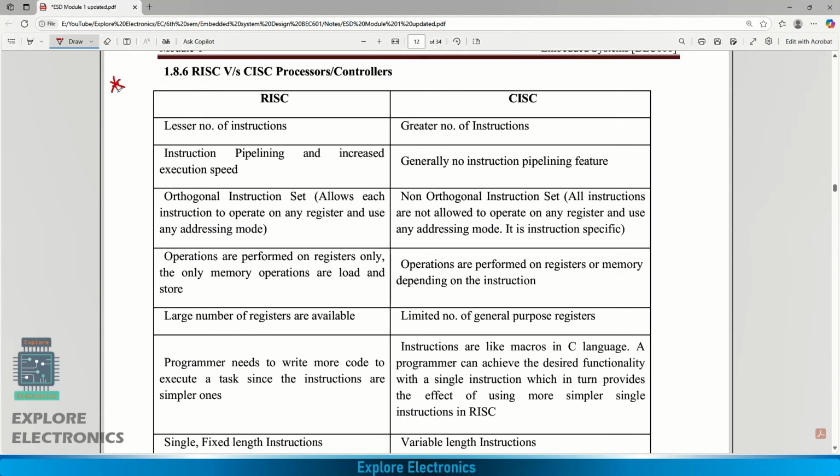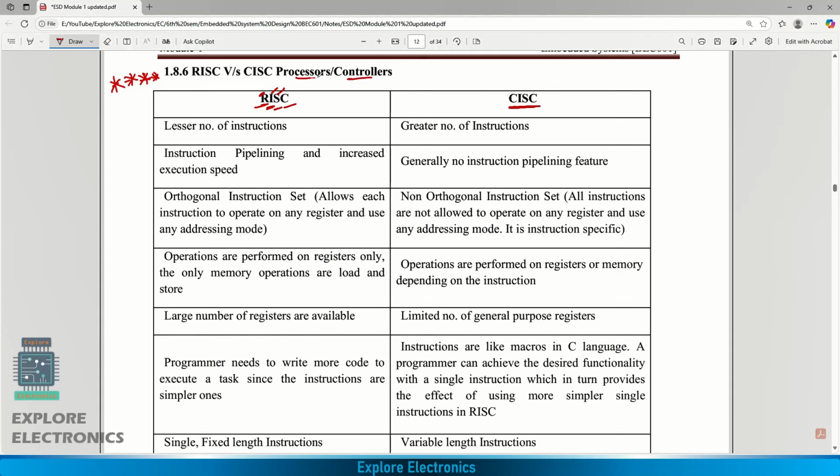That is very important. Then come the differences between RISC and CISC. These are kinds of processors and their operation. RISC means reduced instruction set computing. Here itself we can understand the difference: the number of instructions we have is reduced, meaning less. CISC means complex instruction set computing, meaning there are complex instructions in this kind of processor.